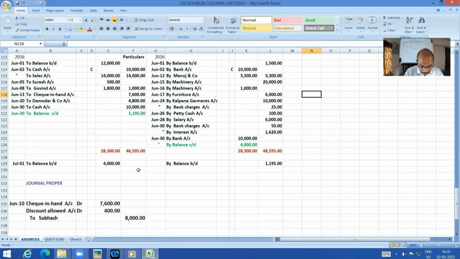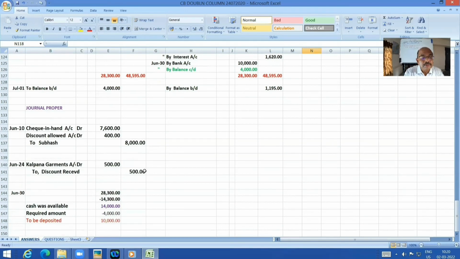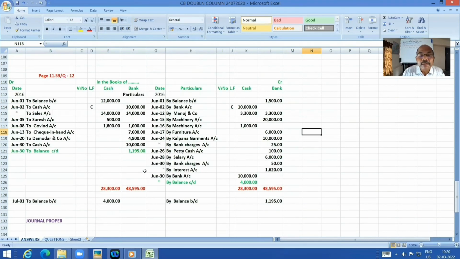Next, bank issued a draft for 10,000 in favor of Kalpana Garments on our request. Bank charged 25 for issuing the draft. Amount of Kalpana Garments was fully settled. Okay. So bank, Kalpana Garments account, how much? 10,000.